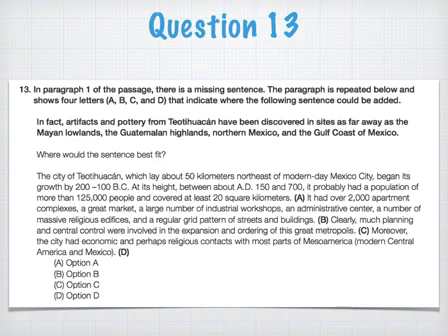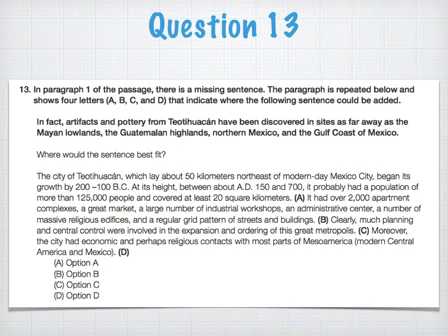So if you look through the paragraph, you'll see A, it had over 2,000 apartment complexes. B, clearly much planning and central control were involved. C, moreover. And D is the last one there. So you need to be looking at the sentence that is underneath the question prompt.